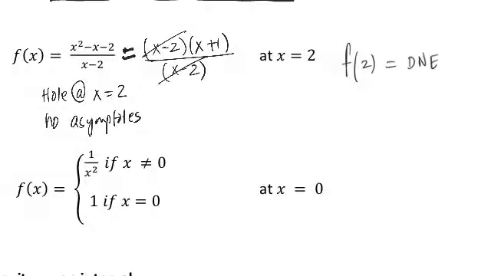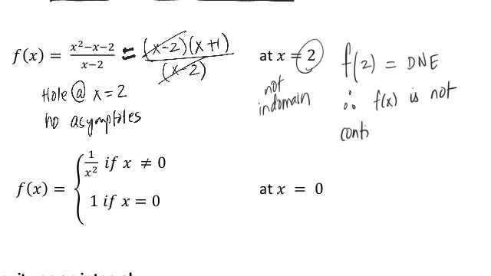Actually, in this case, you don't even need to write three statements, because the very first condition, that the function is defined, does not work. In other words, 2 is not in the domain. That was our first condition for continuity. So you can just say f of 2 is equal to DNE, therefore f of x is not continuous at x is equal to 2.